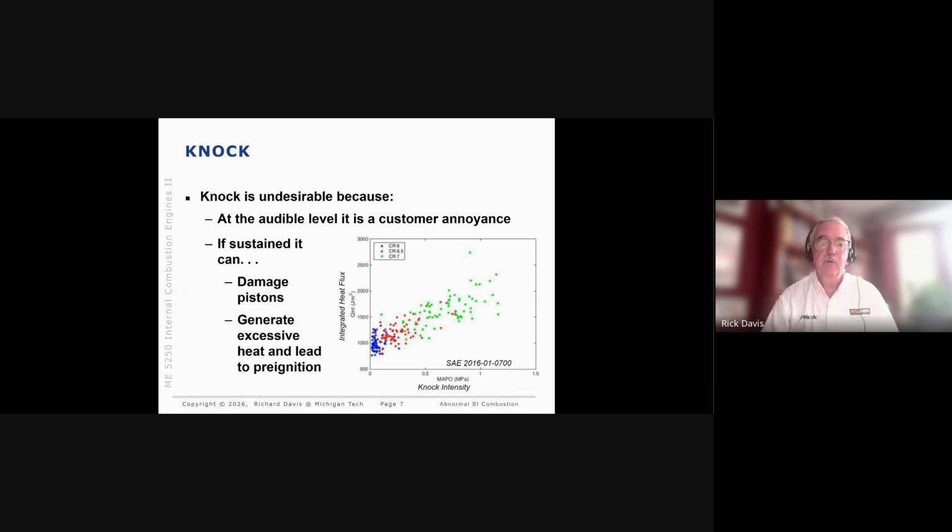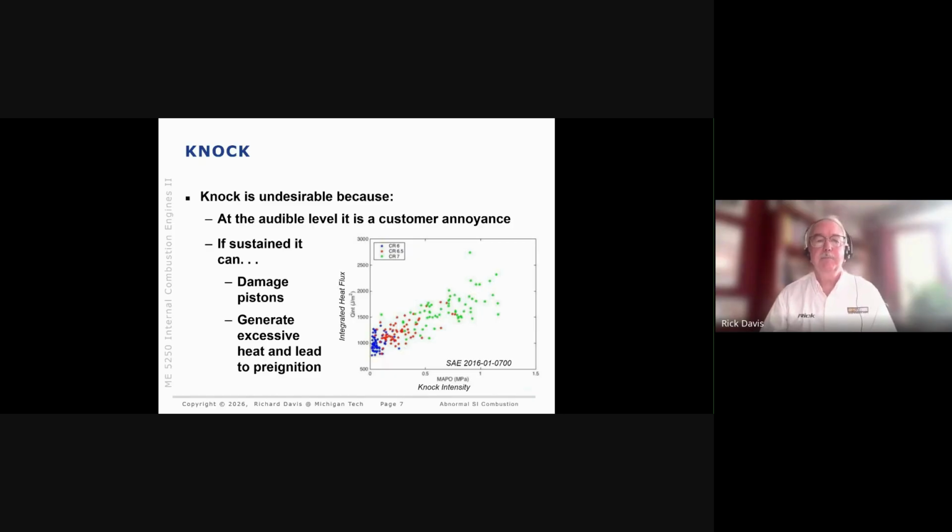If that continues over many cycles, it can increase the temperature of the components, reducing their mechanical properties, and that can lead to piston damage. And if those surfaces get too hot, they can also lead to a runaway pre-ignition phenomenon. So a single episode of knock is not necessarily a big deal, but we don't want it to occur continually.